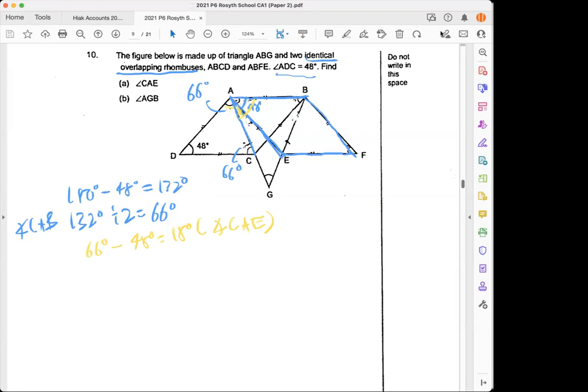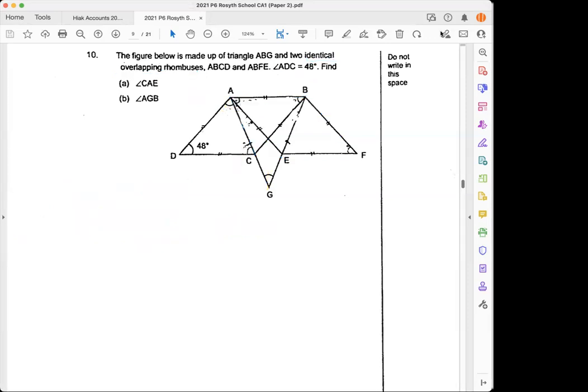Angle AGB. So they are looking for this angle. Angle AGB is pretty easy. Let me clear everything. So this is an isosceles triangle, right? We have already calculated this is 66.